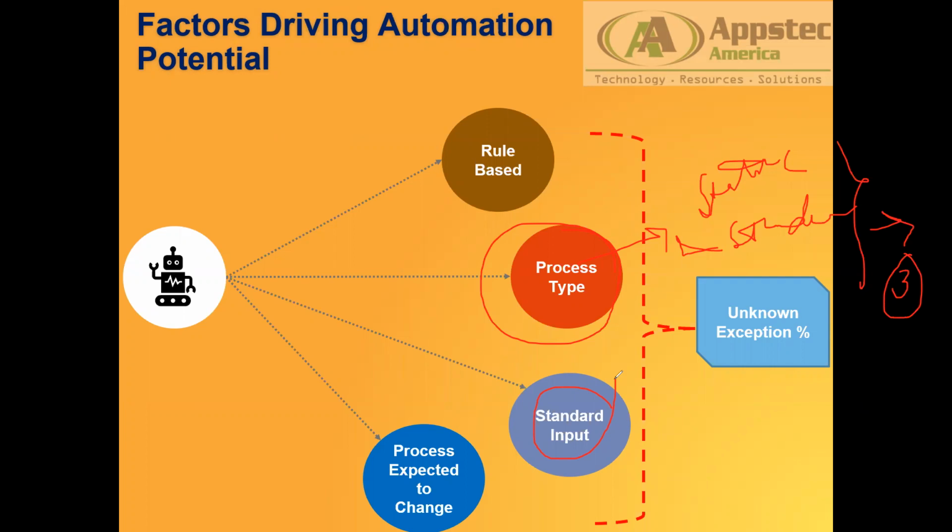Any process that is expected to change can sometimes also be considered, but we have to evaluate it and see the impact. For the time being we can go for an automation, and once the process changes 6 or 7 months down the line, which is a stable time frame, we can do an enhancement or modification of the robot using a change request. What do we call it? A CR.